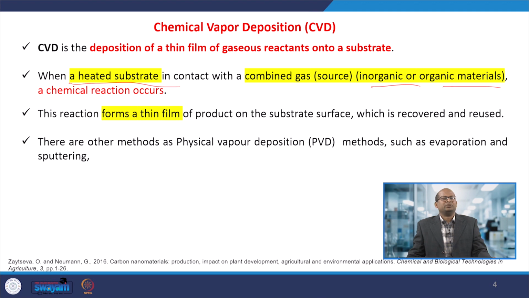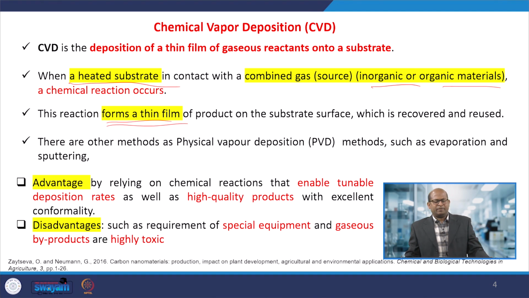Some chemical reactions take place over the substrate, in the presence or absence of catalyst, and form a very thin layer. That is, thin films are produced over the surface of the substrate. Then we can collect that thin film or reuse it for any particular application.